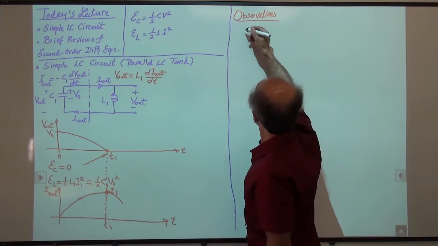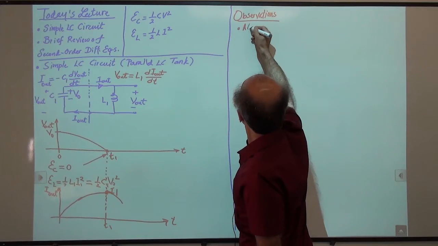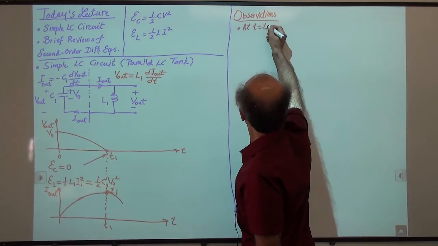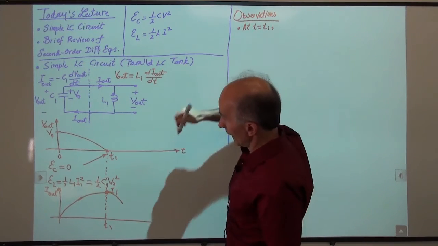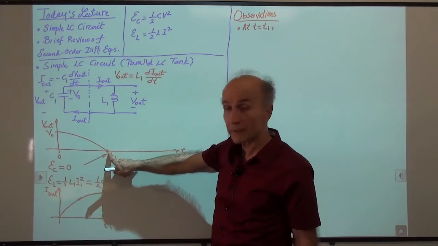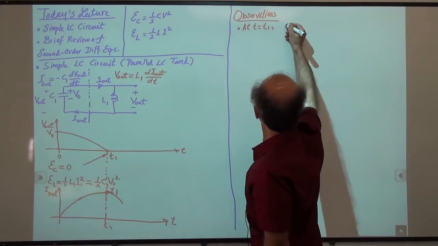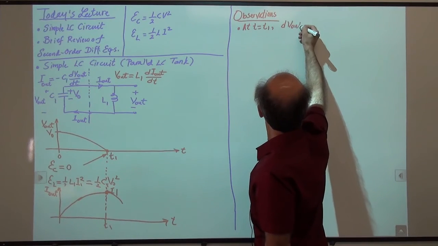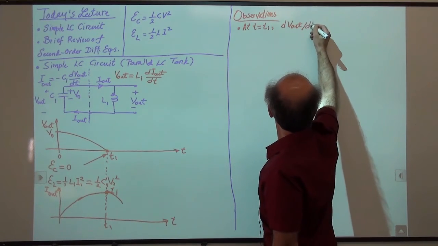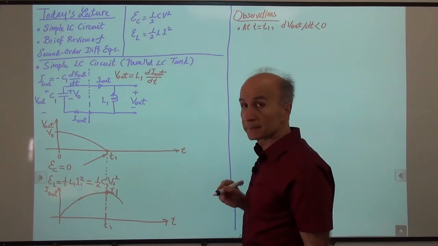So we say at T equals T1, we see that V out is falling and it has a negative slope. So we have dV out over dt less than 0.